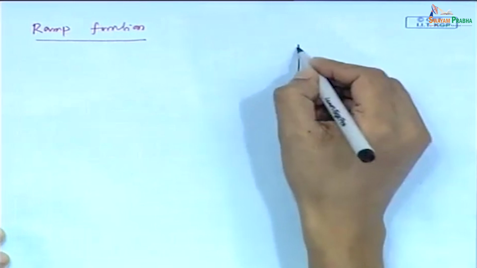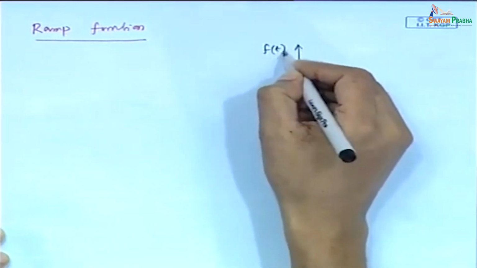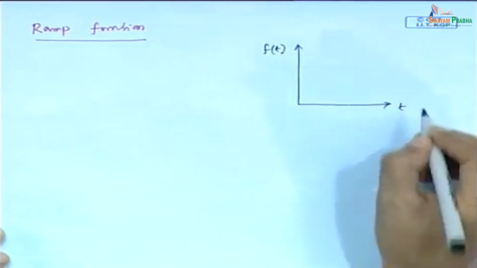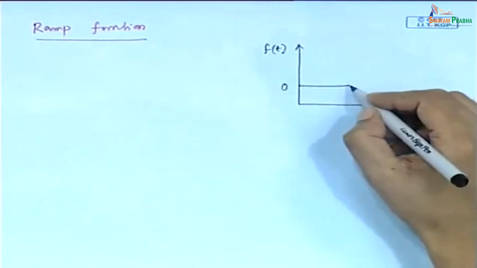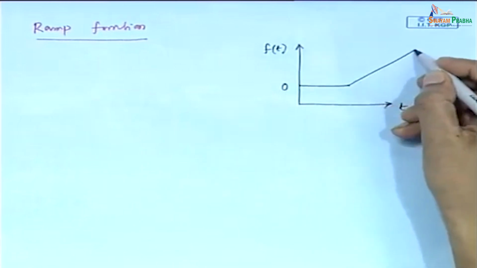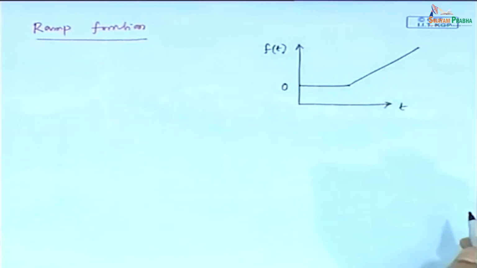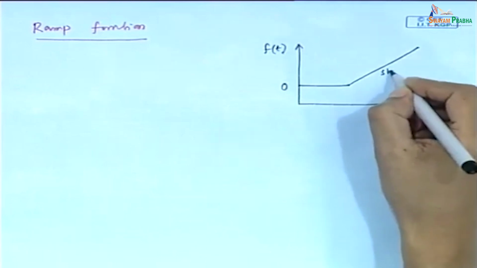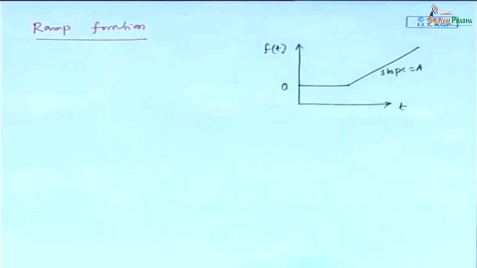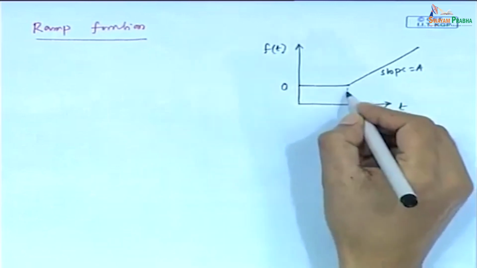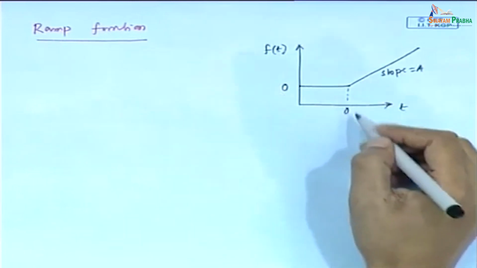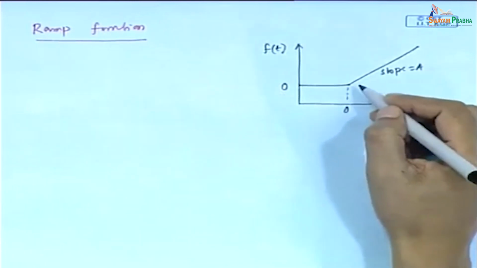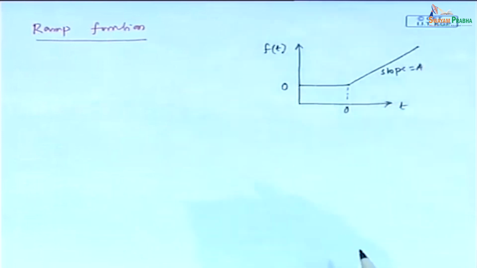We can represent this function in this way: time t, initially it is 0, then it changes like this. Suppose the slope is a. Fine. Initially it is 0, and at time t equals 0 it changes linearly with slope a.